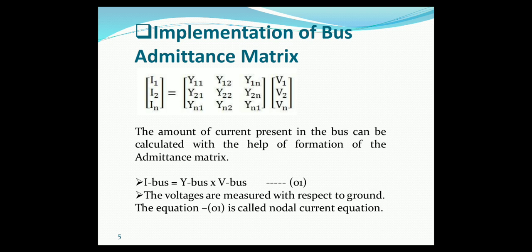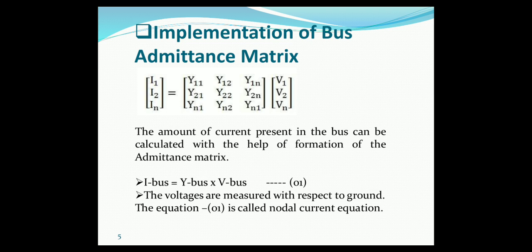The values of currents, admittances and voltages depend upon the number of buses interconnected in a power system. Suppose the number of buses in a power system is 3, indicated as 1, 2 and 3. So we are going to have a 3 by 3 matrix, where you need to calculate Y11 to Y33, which represent the diagonal elements of the matrix.